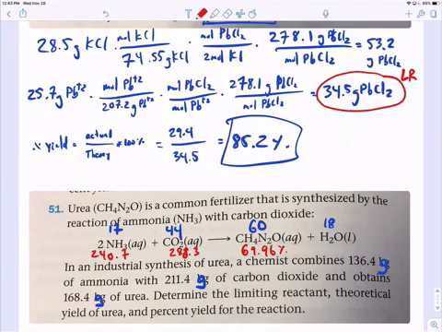And that's actually the minimum agent. You don't need that half gram, because it's a 1-to-1 ratio.